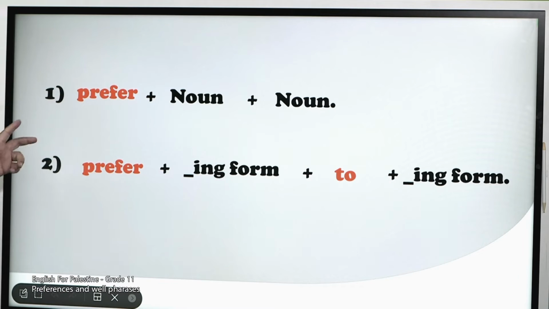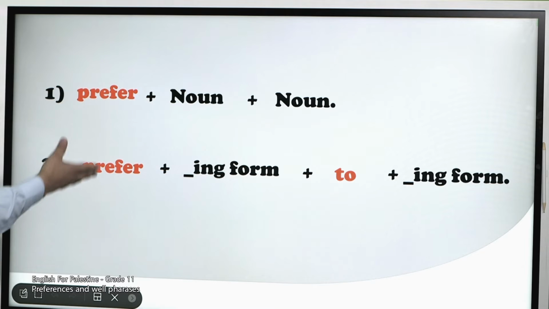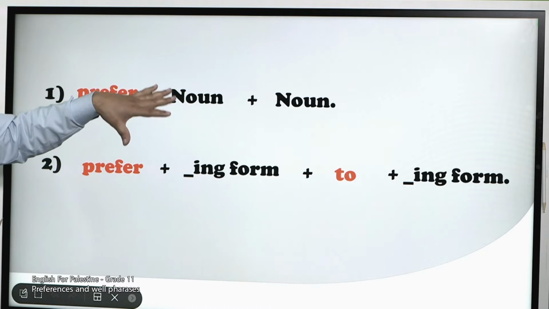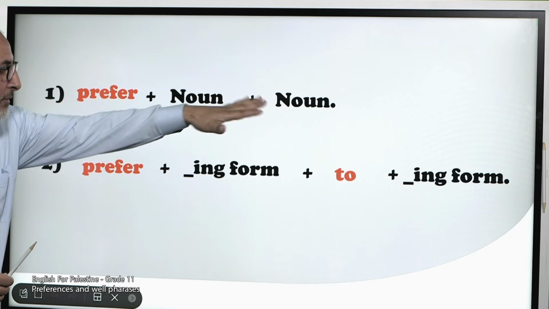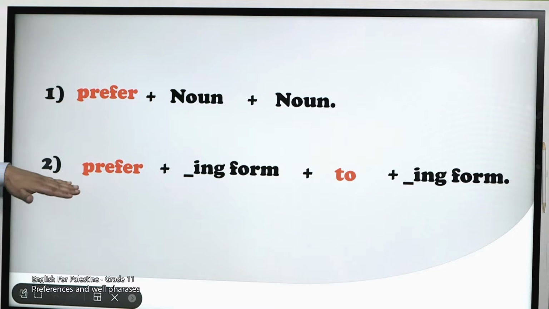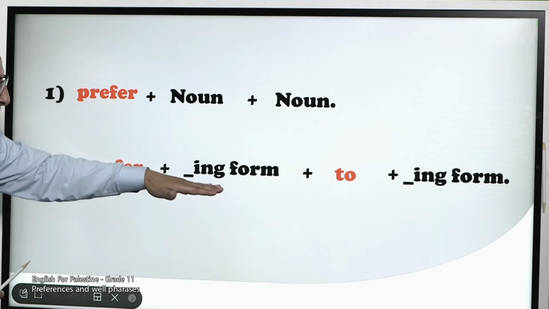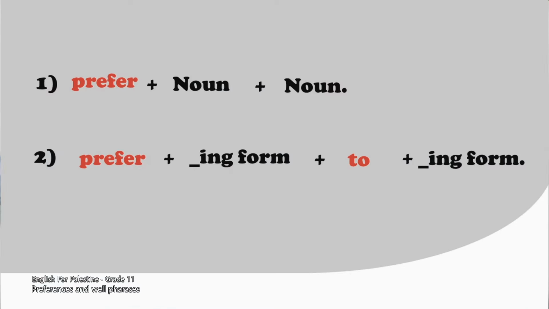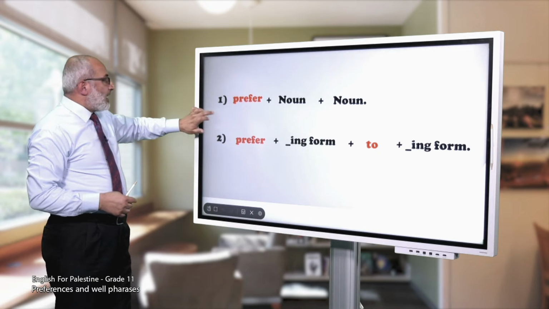So if you notice here, we use the verb prefer in 2 structures. But in the first structure, prefer plus noun plus to plus noun. But in the second structure, we use prefer plus the ing form plus to plus ing form. Noun, ing form. That's it. Let's practice.